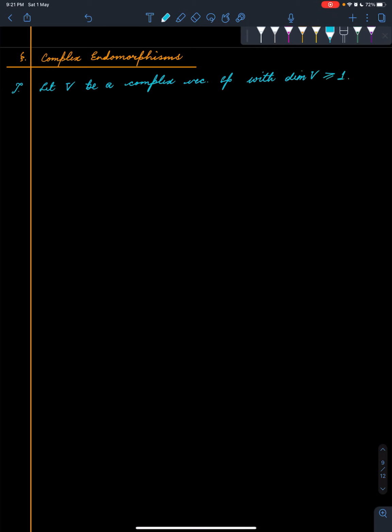So we have a non-trivial complex vector space. Let T be an endomorphism. Then our statement is: T has an eigenvalue. And this is what we want to prove.